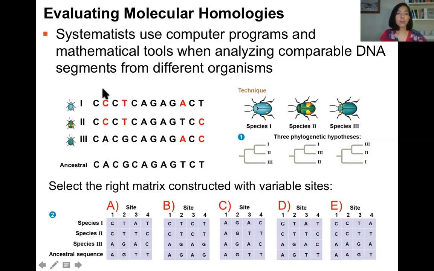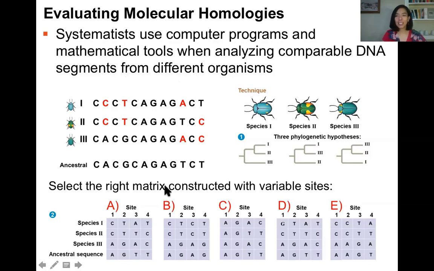The first position is this one, the CCAA, and you want to find a matrix in the bottom that has these letters. The next position will be this, and this, and this. So please select the matrix that is constructed with variable sites only.